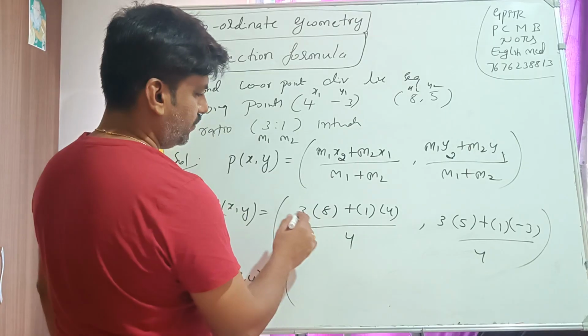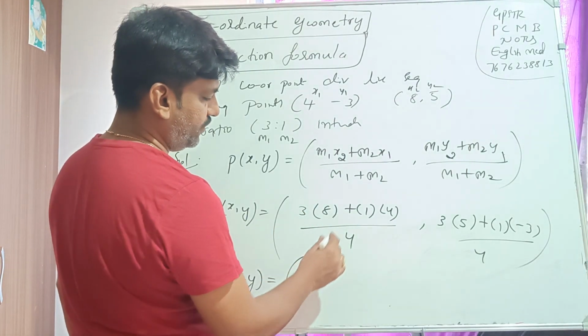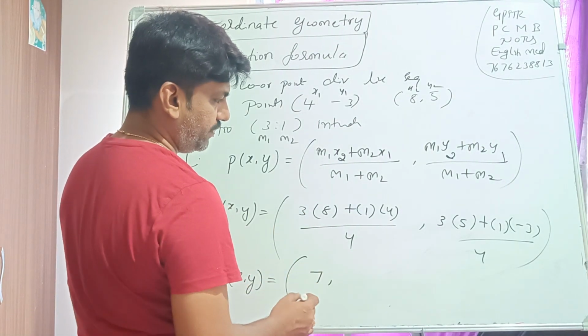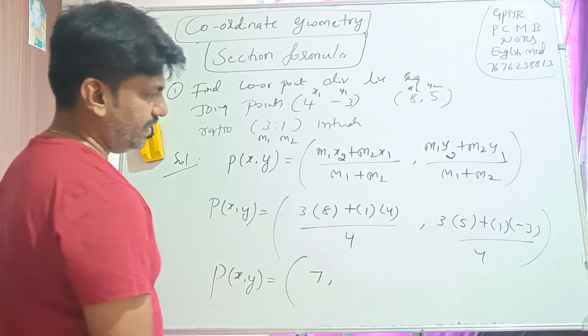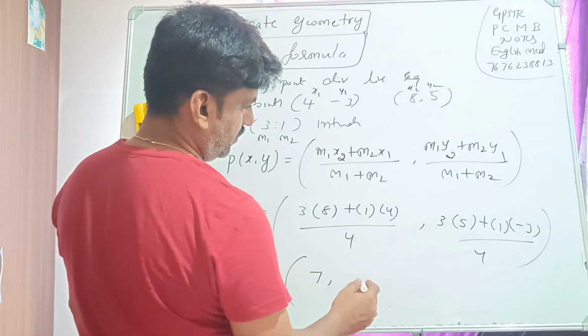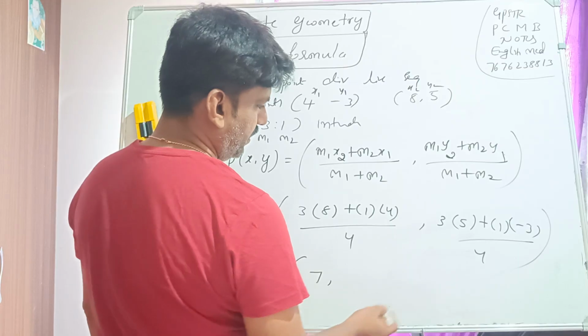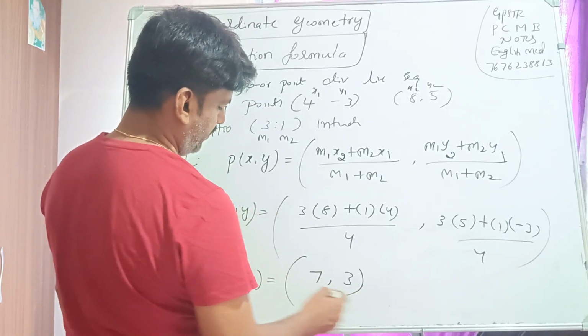So this is equal to 24 plus 4, 28. 28 divided by 4 is 7. So 15 minus 3 is minus 12, plus 12, plus 12 by 4 is 3. So it is 7 comma 3.